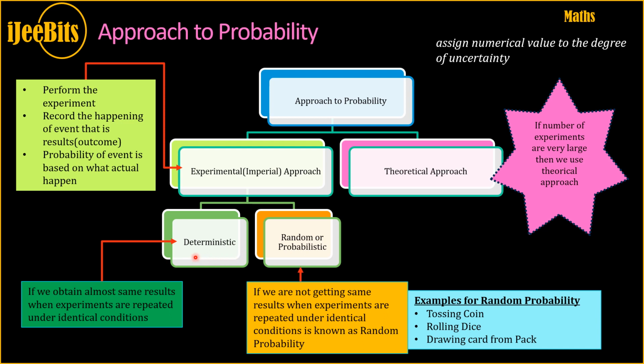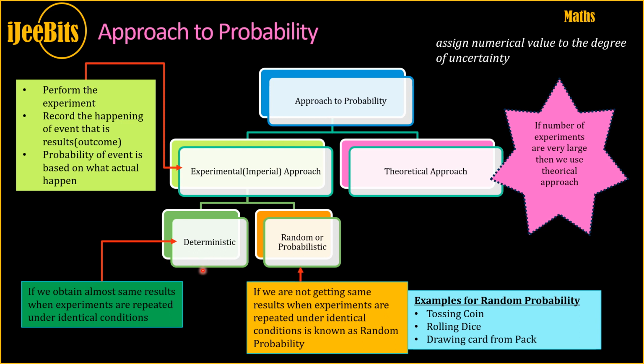When we say experimental, there are two methods in turn. What are those? Deterministic and random. Deterministic, as the name implies, means you obtain almost the same results when experiments are repeated under identical conditions. So if you are repeatedly doing the same experiment under identical conditions and getting the same results, then your experimental approach is deterministic.